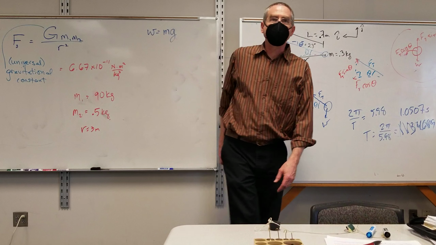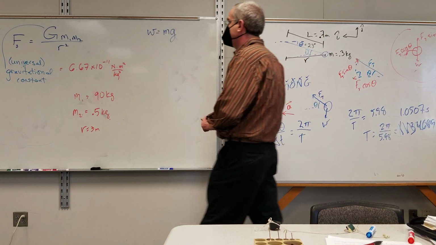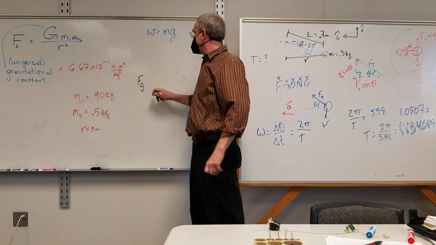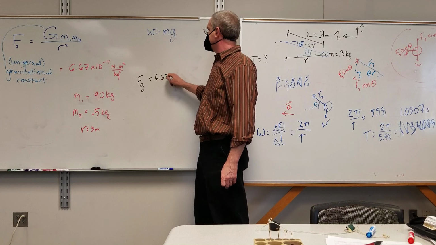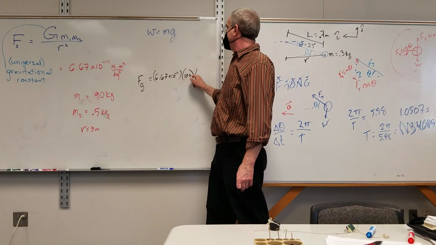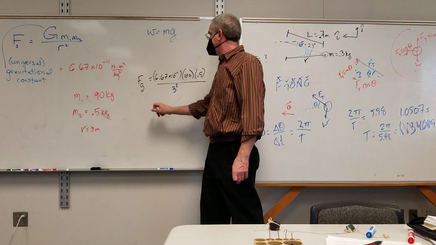Well, it's a plug and chug. So the force due to gravity between me and that little mass over there right beside the camera: 6.67 times 10 to the negative 11 times 100 times 0.5 divided by 3 squared.